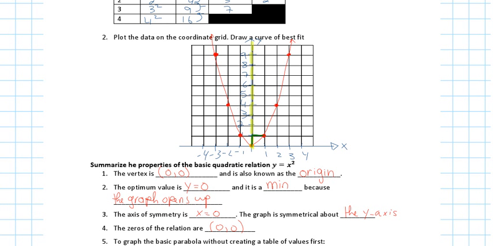How about the next one? How much do I have to go up? 1, 2, 3, and over 1. So for the first one, I went up 1, over 1. For the second one, I went up 3, over 1. And for the next point, I go 1, 2, 3, 4, 5, over 1.